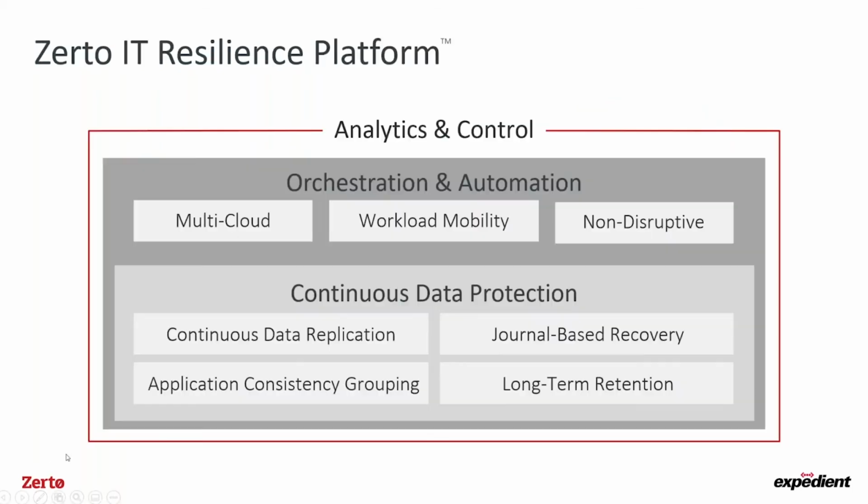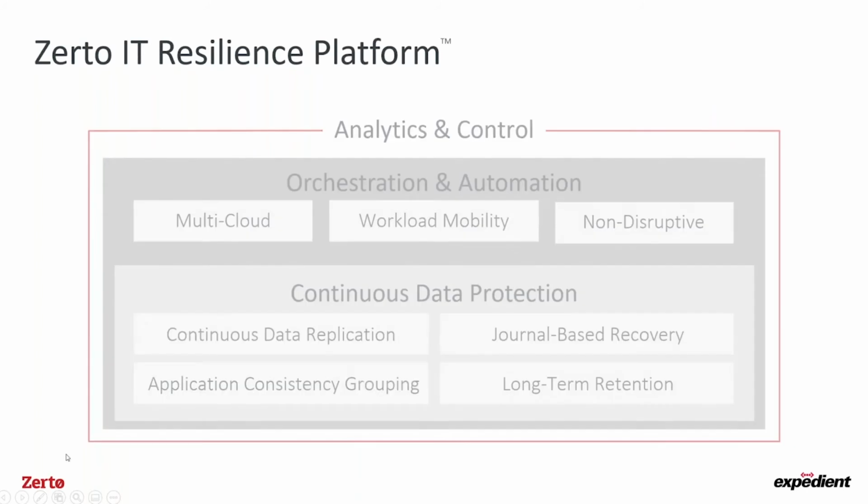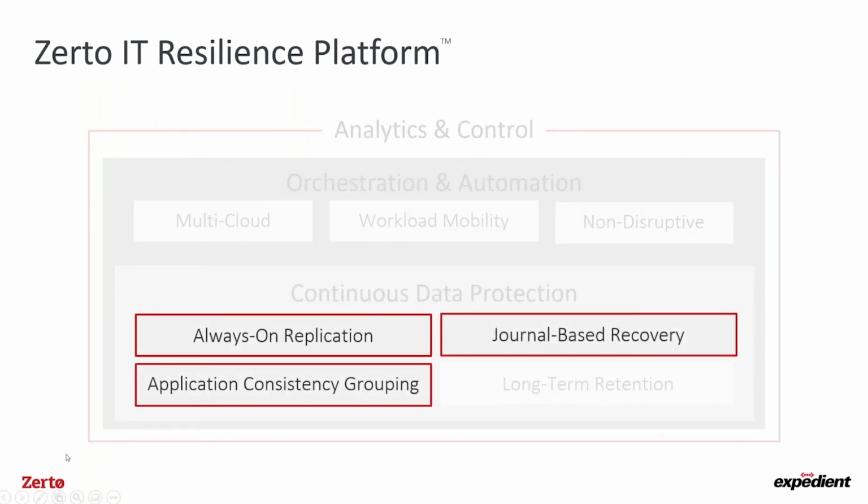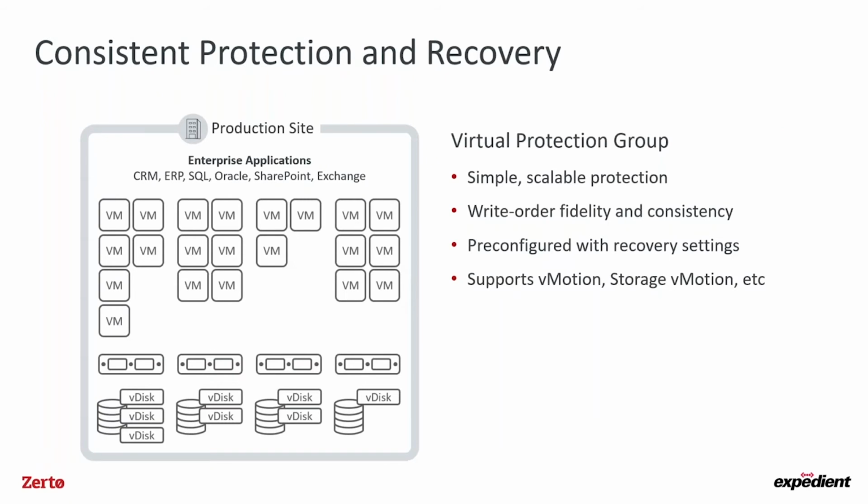So let's focus on some of the key elements within continuous data protection: always-on replication, journal-based recovery, and application consistency grouping. And I believe I'm going to start with the application consistency grouping. And the reason why is because that's what you want to protect. You want to protect your applications. And applications don't consist of a single VM anymore.